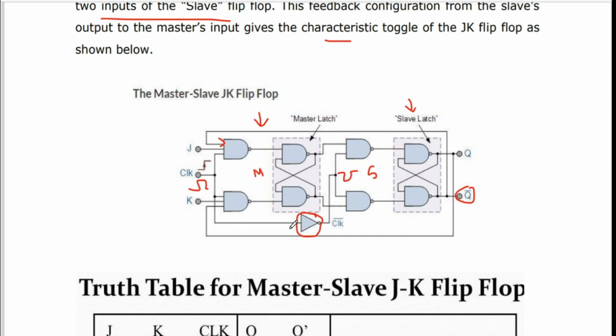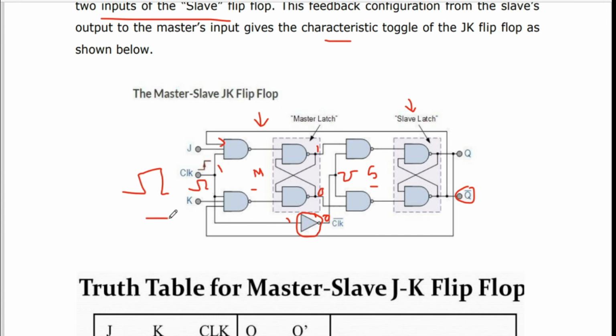What will happen when we have a positive clock pulse coming here? It will be converted into 0, and at a given point of time, only one flip-flop will be active. During the positive edge of the clock pulse, the master will be active and the outputs will be available on the output line.